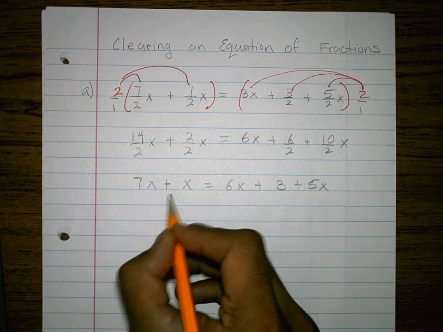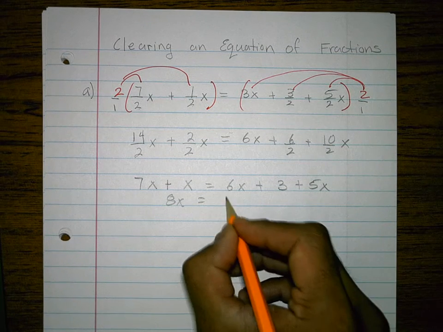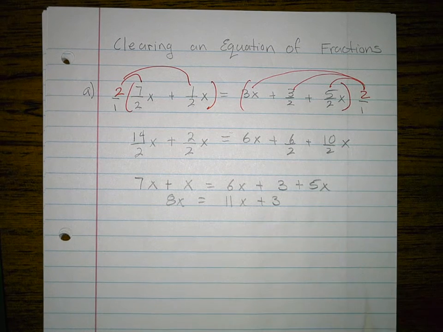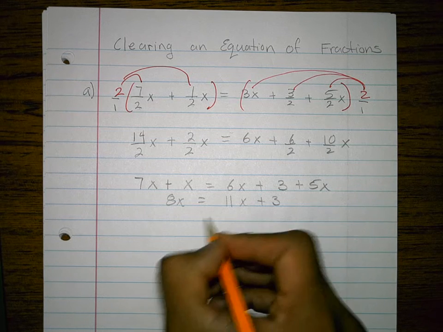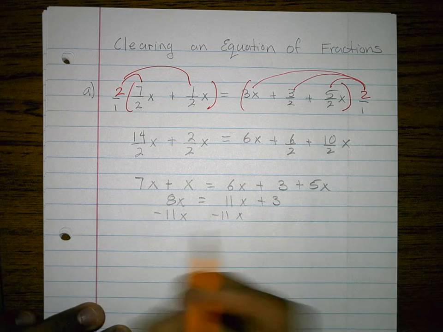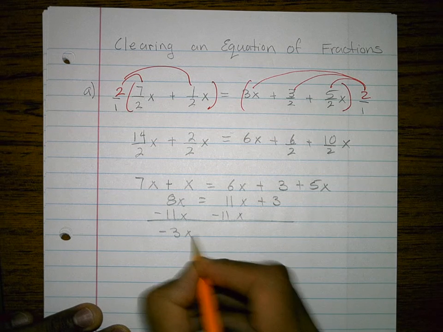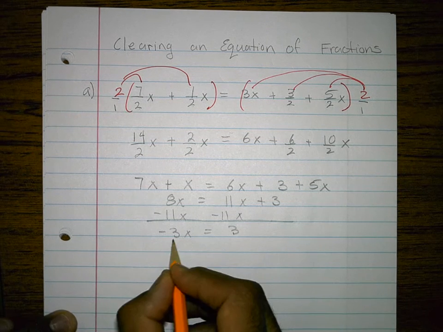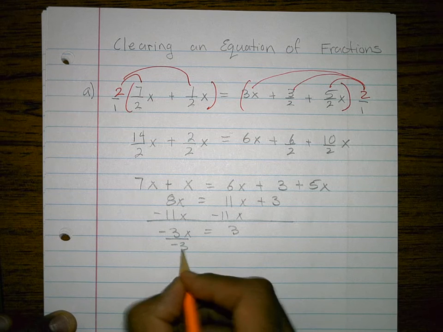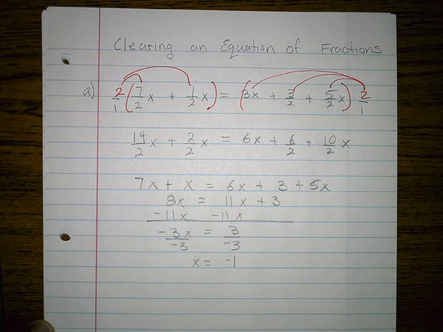I'm going to combine like terms over here and over here. Then I'll get my variables on the same side. So it's going to be negative 3x equals 3. I'll divide by negative 3, and x equals negative 1.